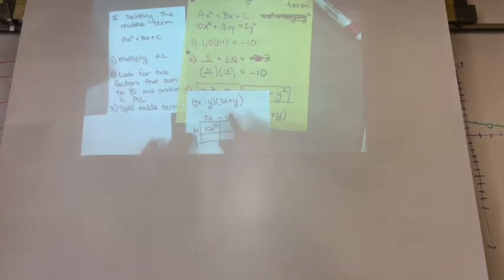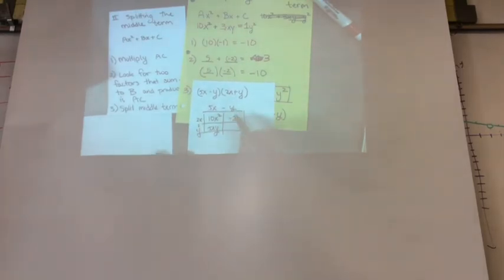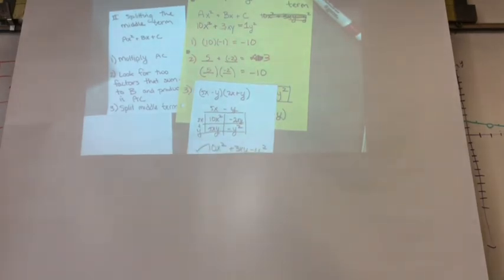The area of this box is negative 2xy. The area of this box down in the left corner is 5xy. And the area of the box on the right is negative y squared. Add this all together, I'm going to have 10x squared plus 3xy minus y squared. Awesome. Okay, so that was quick. Let's go ahead and do just one more.